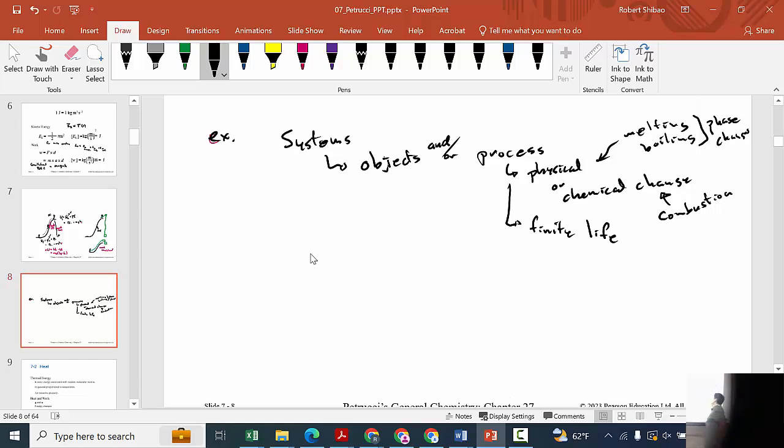It's the same thing after your ice cube melts, then your system is gone. If your system is the ice cube melting, the question is, how much heat or how much energy does it take to melt that ice cube? And so you input all that energy and the ice cube melts. Is your system there anymore?